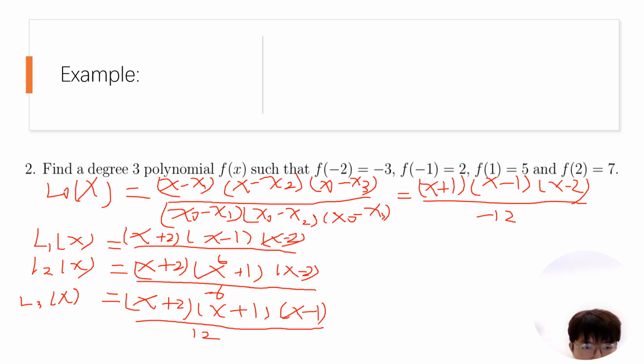This is the basis of Lagrange interpolation, and we must find f(x).